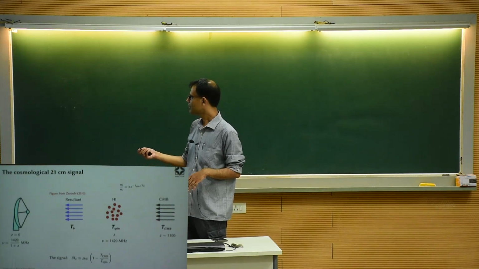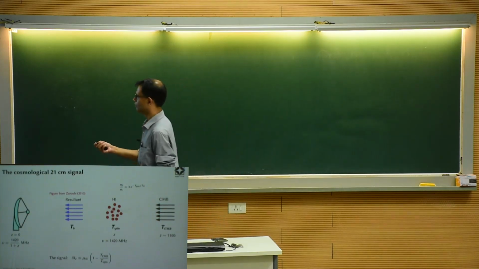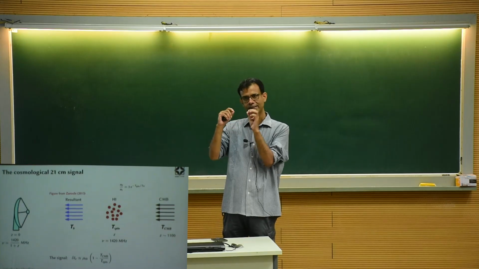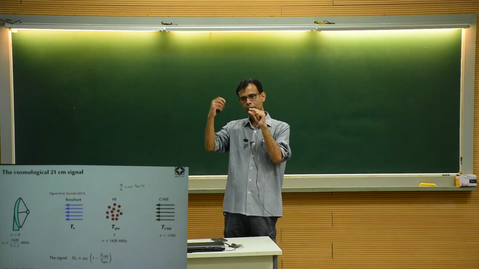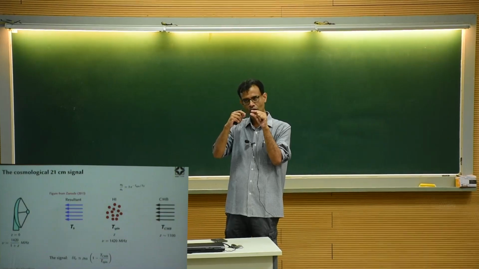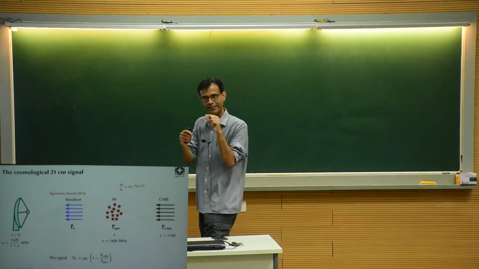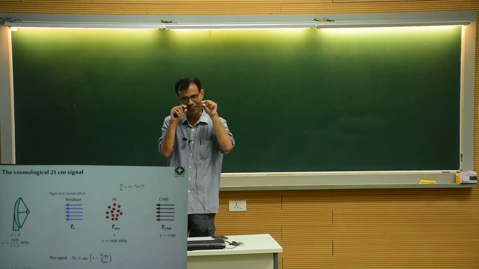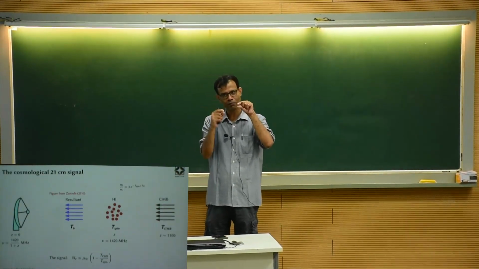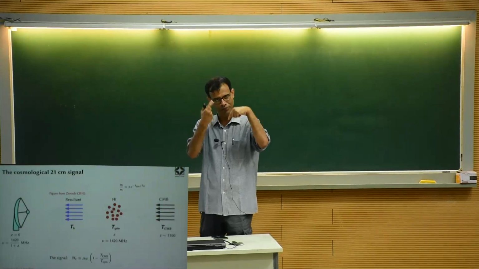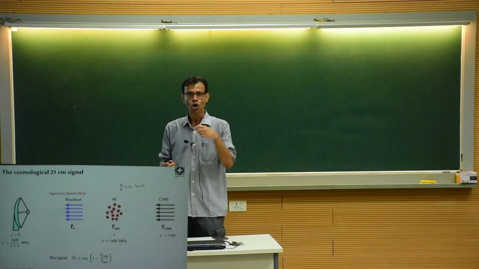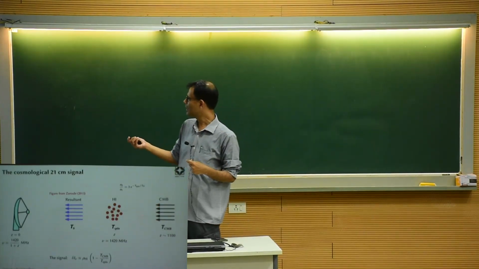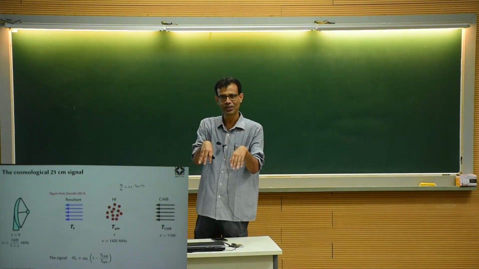But the CMB photons may interact with neutral hydrogen, and if the frequency is right, the neutral hydrogen atom may absorb a CMB photon and go from the lower state to the higher state of these hyperfine levels. So it is still in the ground state, but its spin flips and it absorbs the radiation. Or it spontaneously spin flips and radiates. So then you will add something to the CMB.